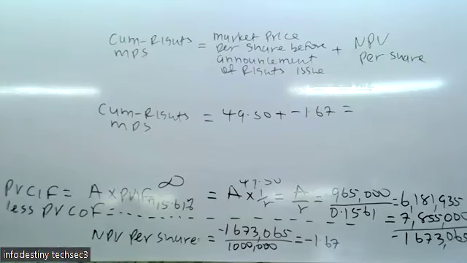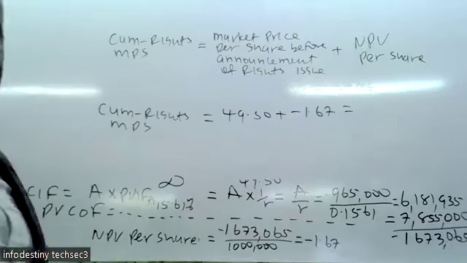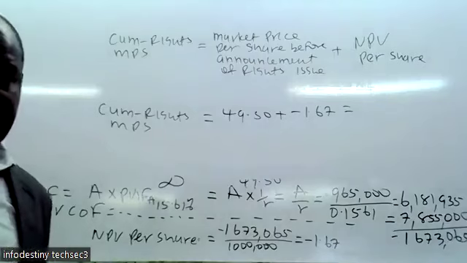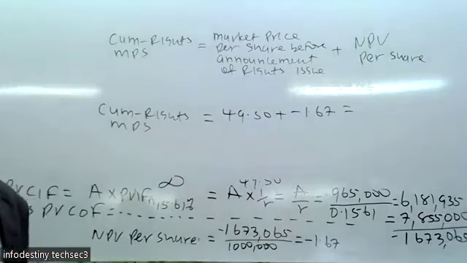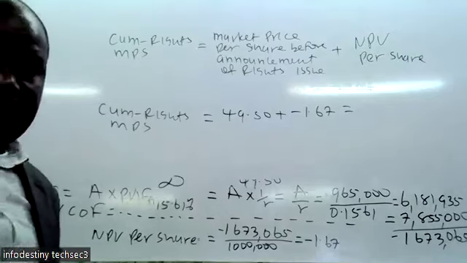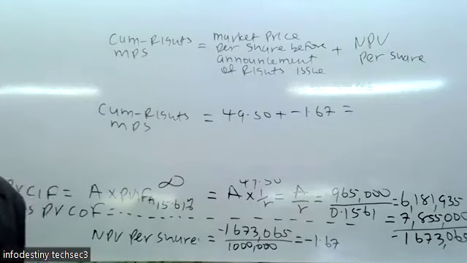So what do we get there as the cum-right market price per share? Anyone who has computed? $47.8.